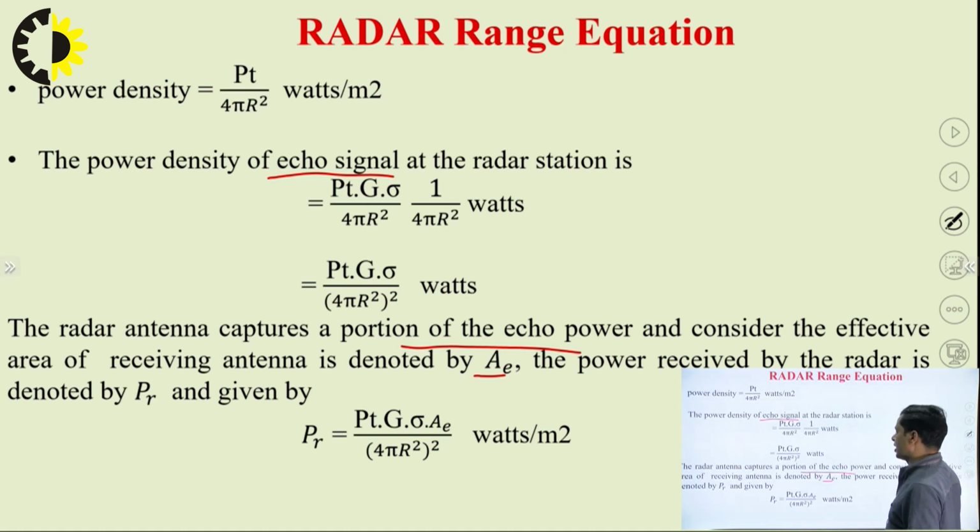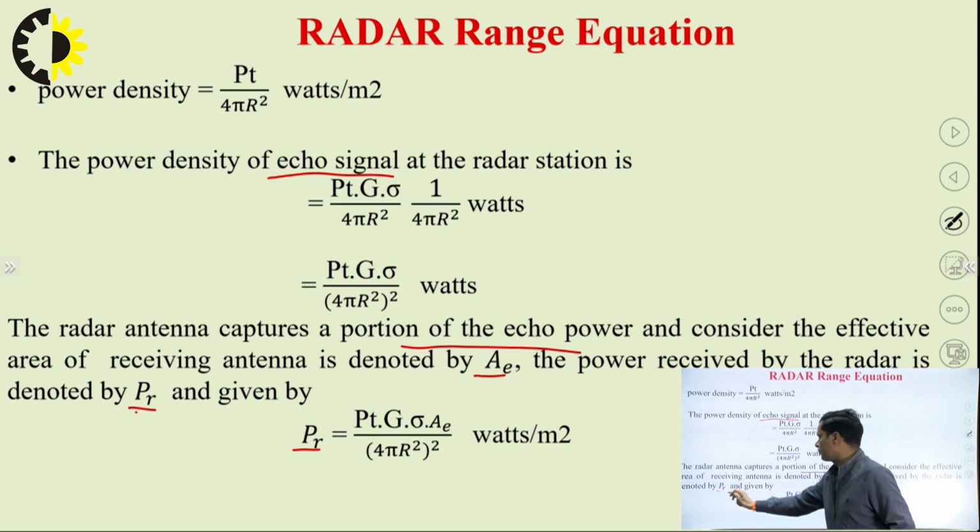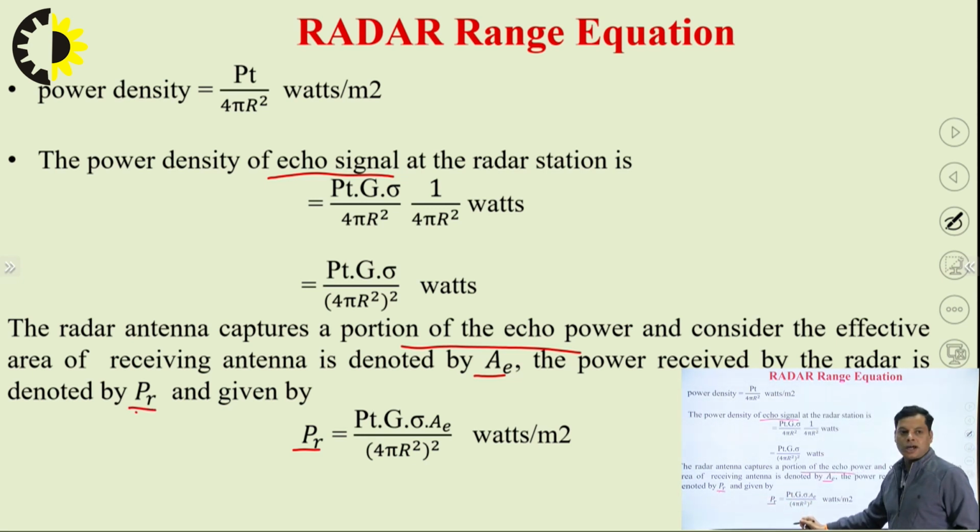The power received by the radar, PR, is the reflected power multiplied with the effective aperture AE: PR equals PT into G into sigma into AE upon 4 pi R square whole square. This is the power received at the receiver section from the target.